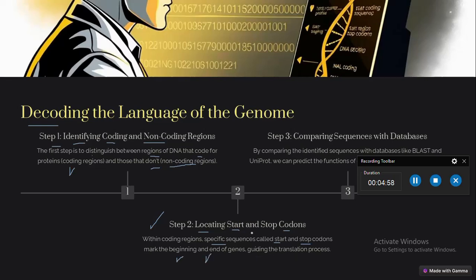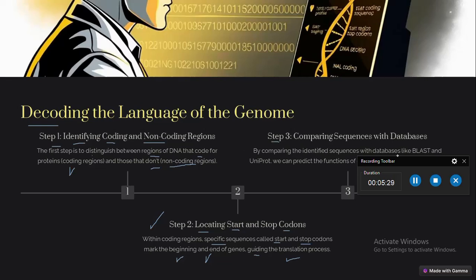The start codon starts the process, the stop codon stops it, so both codons guide the translation process. So first, I need to identify the coding and non-coding parts. After that, I need to know where to start to transcribe and where to stop.